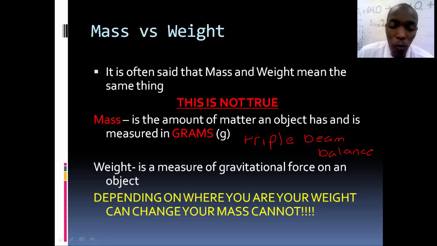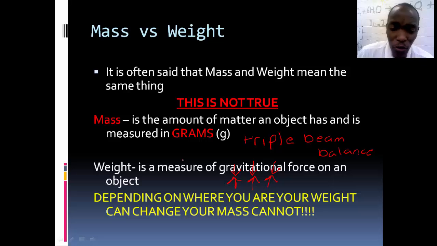But weight, on the other hand, is a measure of a gravitational force. So it's basically the measurement of the force that is exerted by the object you're standing on. So if you're on Mars, you're going to weigh something differently than you would on Earth. If you're on the moon, you're going to weigh something differently than on Mars and on Earth.